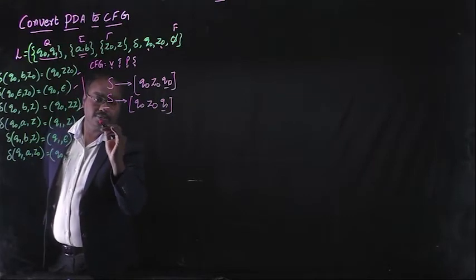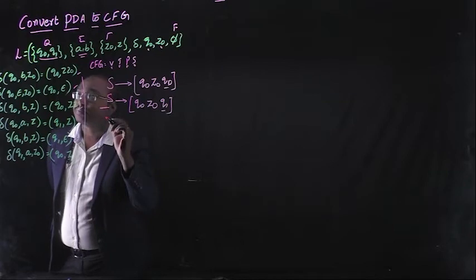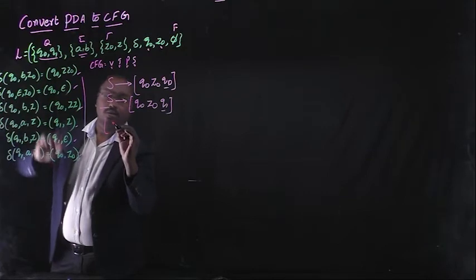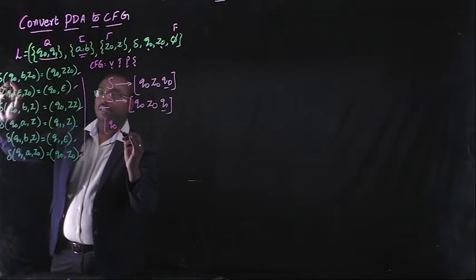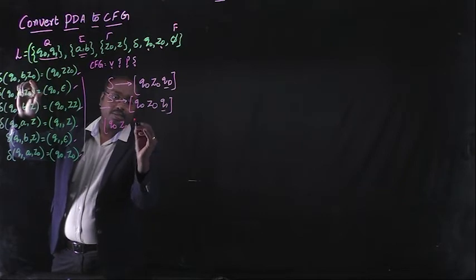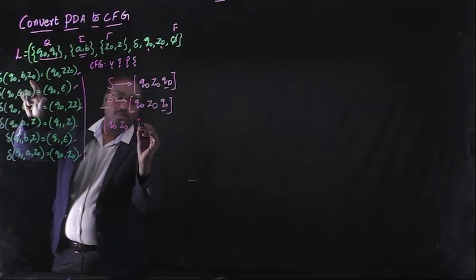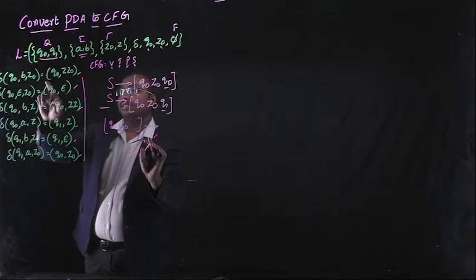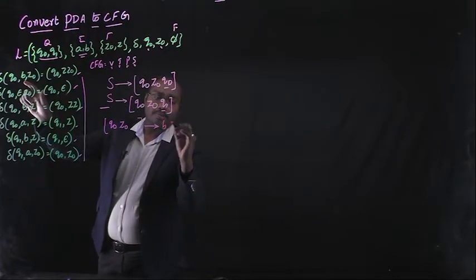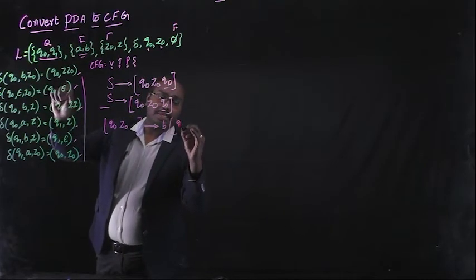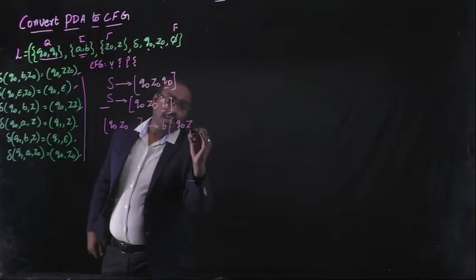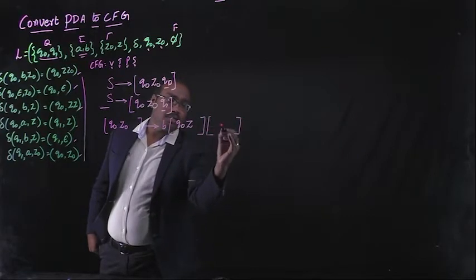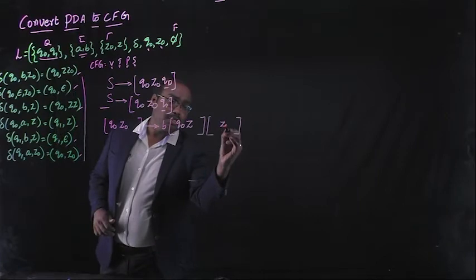First I have to write state Q naught, stack symbol Z naught, and it tends to, so the production is written like this: tends to input symbol B, and state Q naught Z, and one more symbol Z naught.